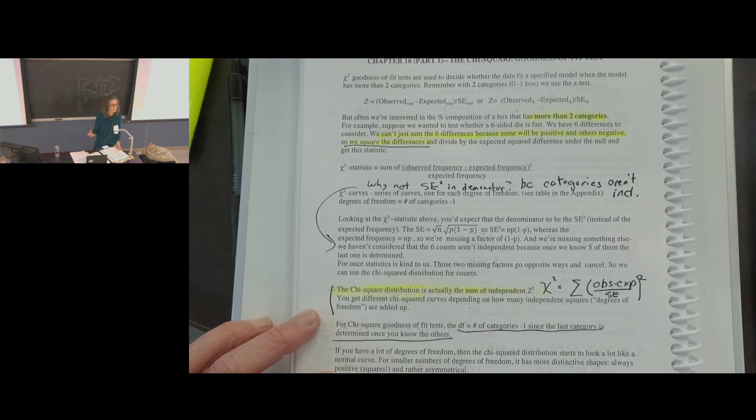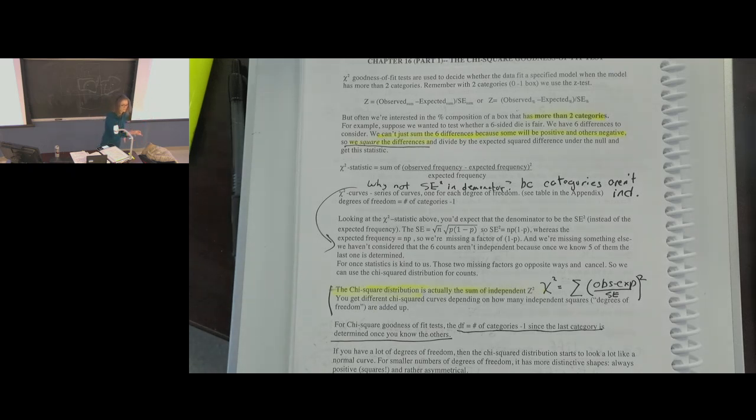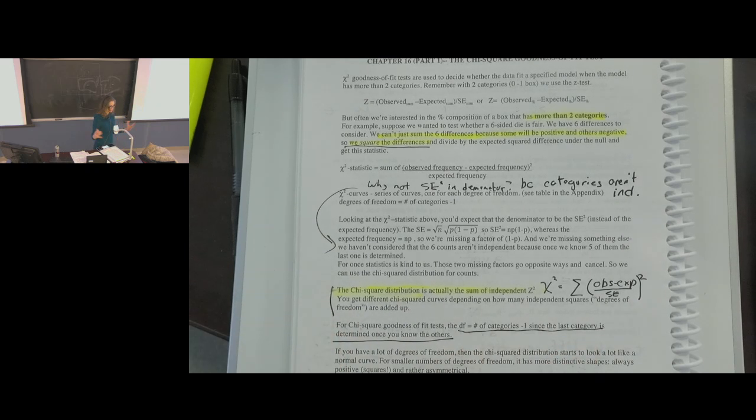If it was a different type of problem and all these categories weren't really just part of one whole thing, if we just had separate independent categories, then we don't subtract off the 1. It will be the number of categories. Okay, but in this case, it's minus 1.